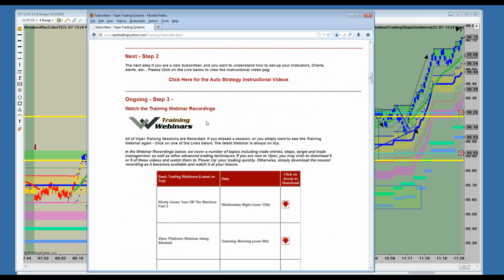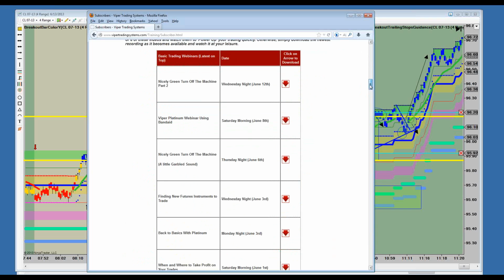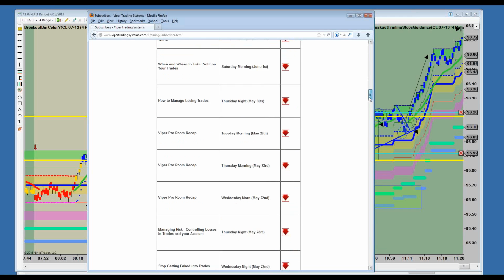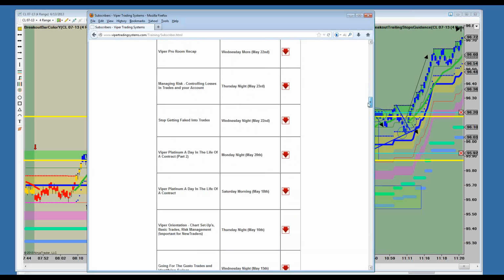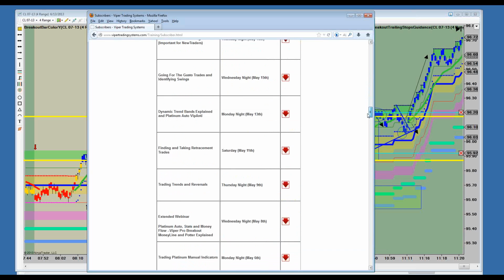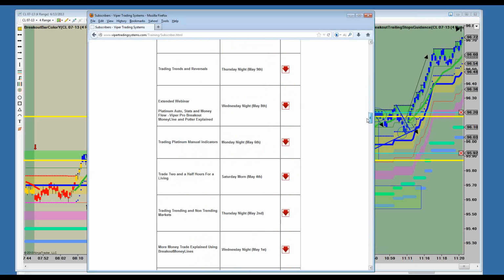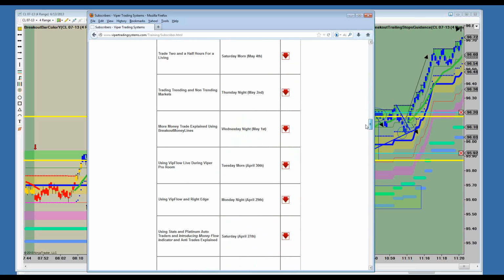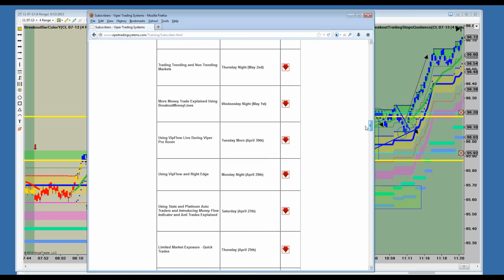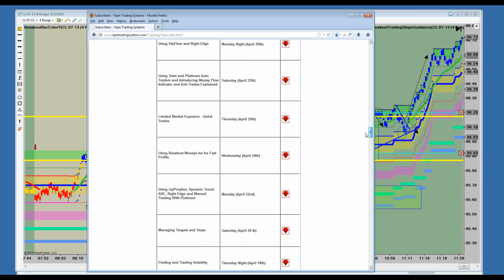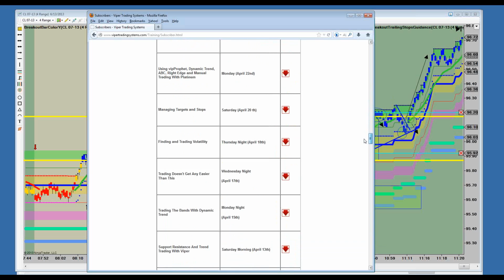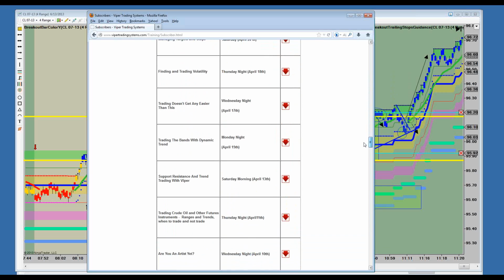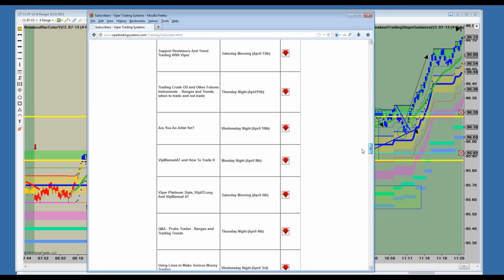Scroll down into this area right here, webinar recordings, about a third of the way down, and then on the left here, look for Viper Auto Trading 1 and 2. Let me see if I can find it real quick here. This would be a good start for any member or subscriber who wants to learn about the autos, how to optimize, how to use them, what the setups are. Stand by. Where the heck is it?